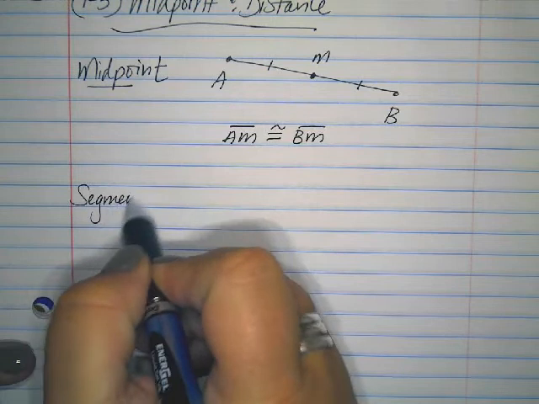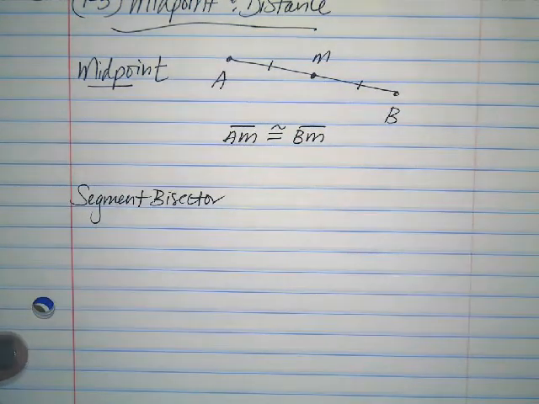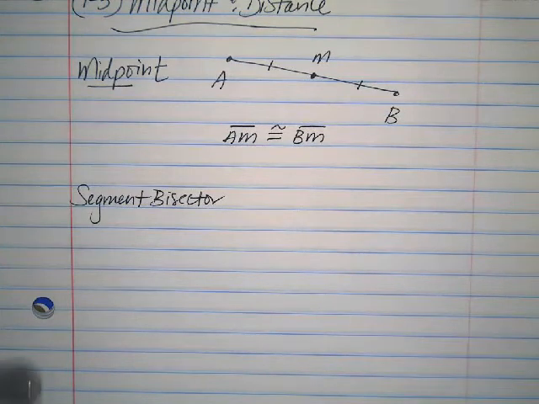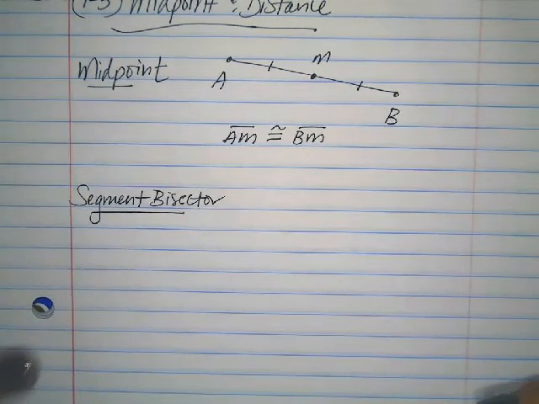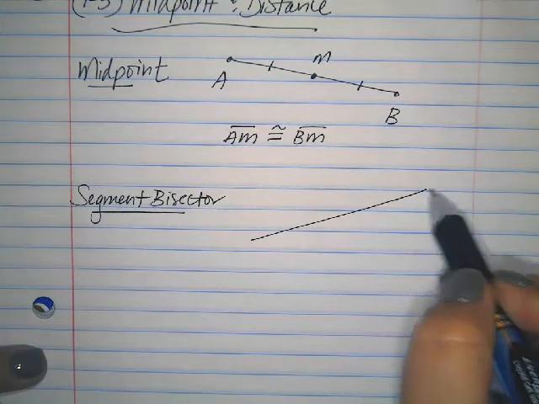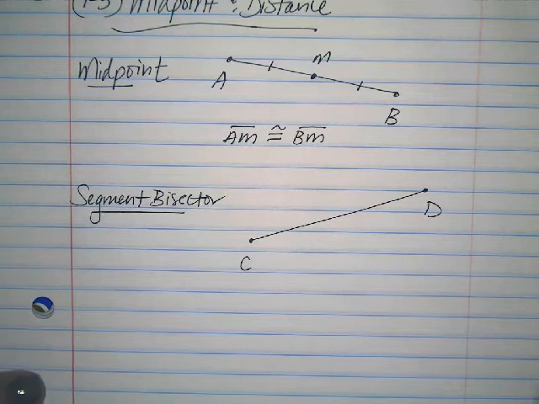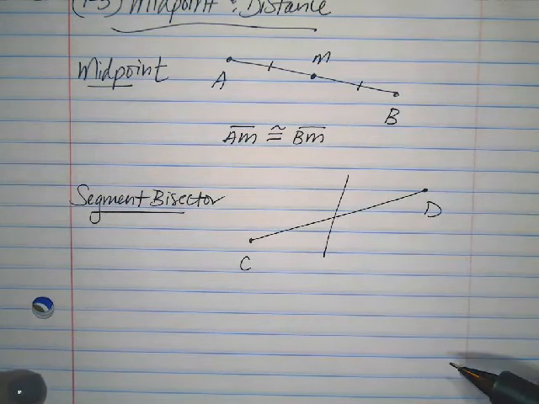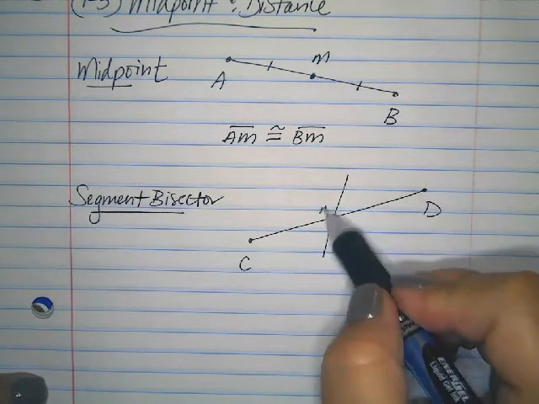The next piece is really similar. It's called a segment bisector. A segment bisector is, again, taking a segment, and this time I'll call it CD, and it's going to chop it in half. A segment bisector could be a point, like right here. It could be a midpoint.